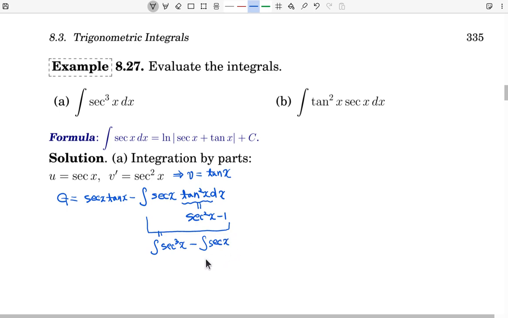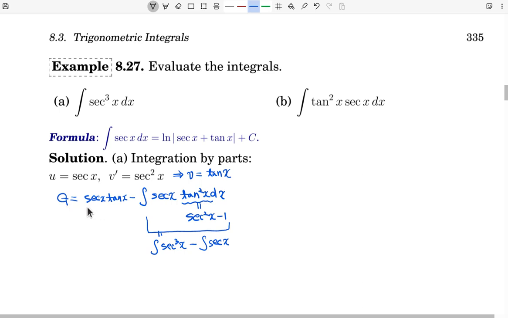So here sec cubed x is what we have to get. We have one more, and along with the negation, once we move this to the left-hand side, that will be twice the given integral.